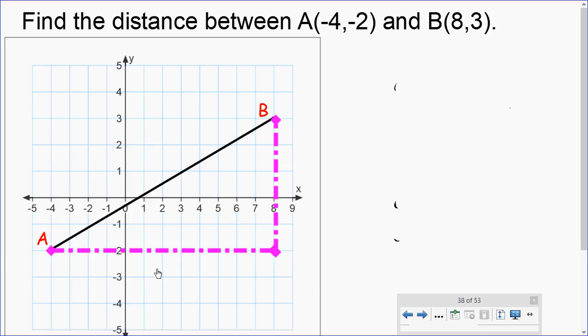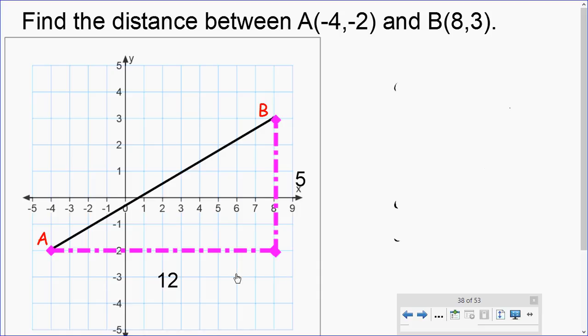We know that down here is 12 boxes, and going up from here, let's count for a change: 1, 2, 3, 4, 5. That's 5 boxes there, so let's put a 5 here. So we now know the side here, which is the altitude, is 5, and the base is 12.